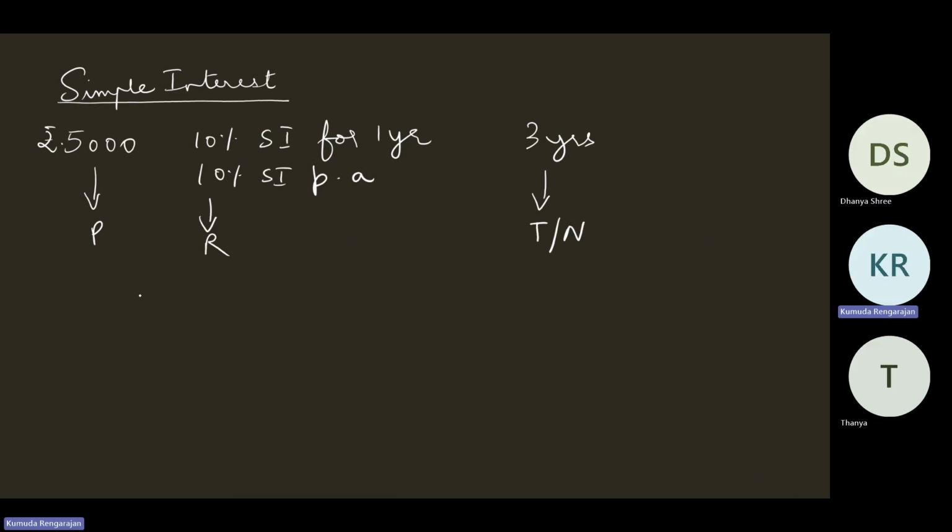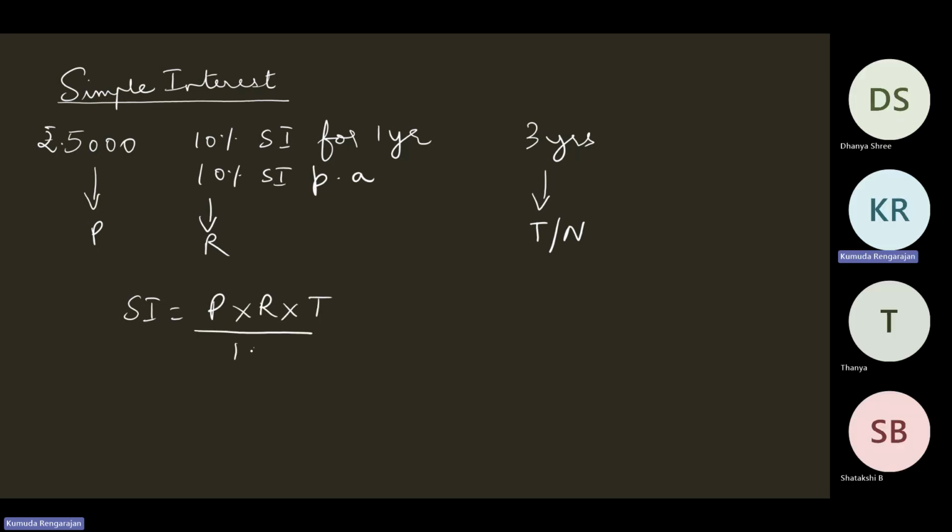Now the formula to find the simple interest is principal into rate into time by 100. So in your case, 5,000 is the principal into the rate.